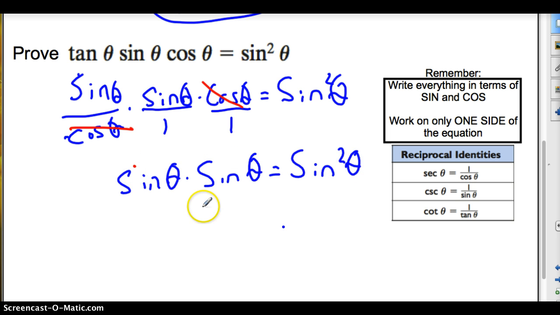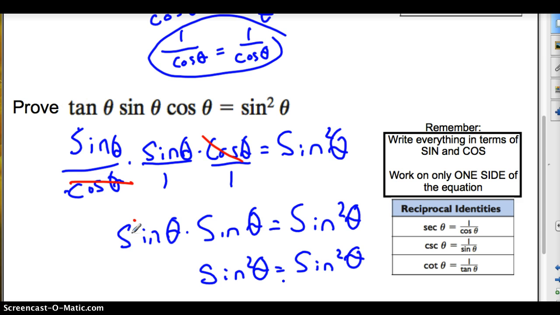Well, sine theta times sine theta is just like x times x, which gives me sine squared theta. And so I know that these two are equivalent. That would be considered a proof. Let's try two more of these, and then we could call it a day on this lesson.